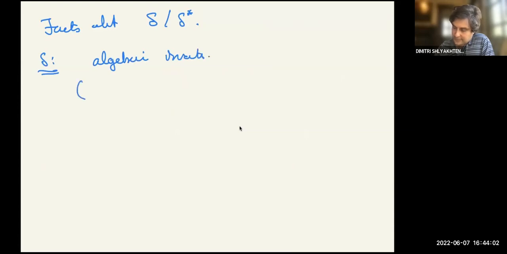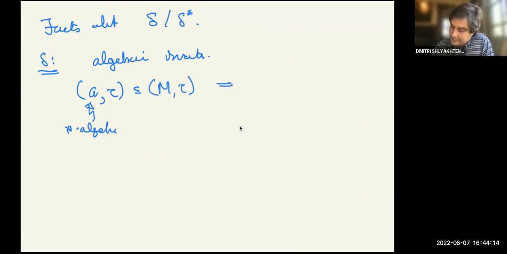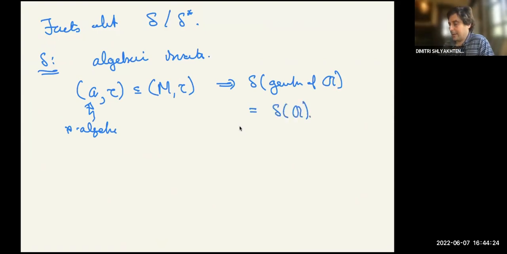So if you're given some kind of an algebra A, a star algebra sitting inside some von Neumann algebra, with a trace that has to be positive, then you get some delta of generators of A, but actually it is the same as delta of just the algebra A. I'm lying a little bit. There's something called delta zero, which is some technical modification of delta. And this was proved by Voiculescu.